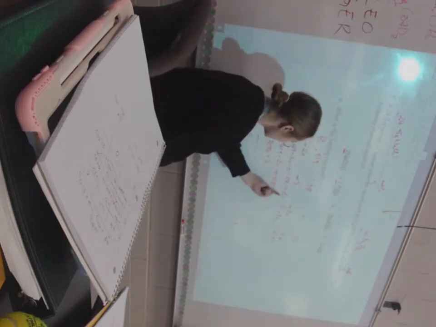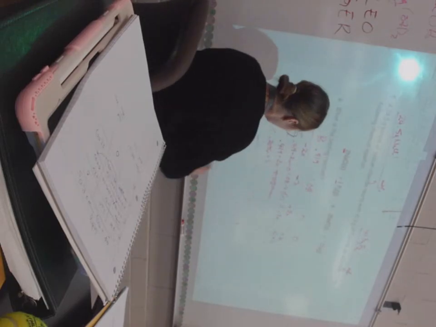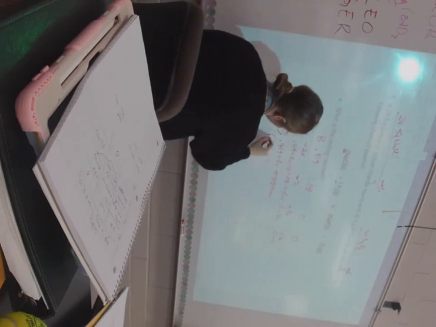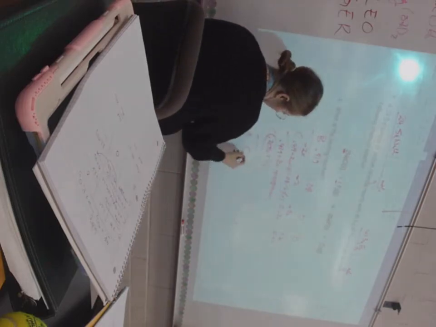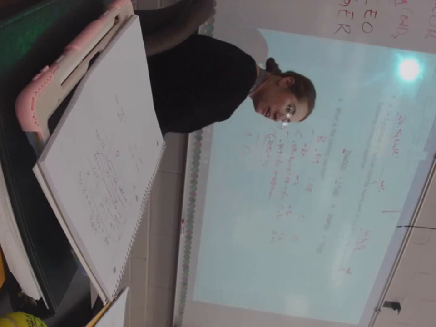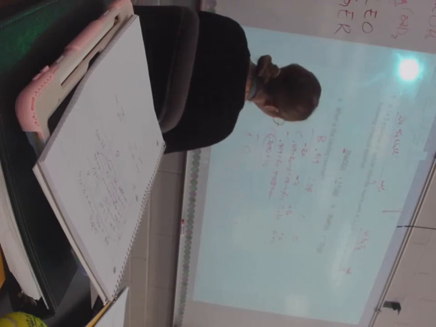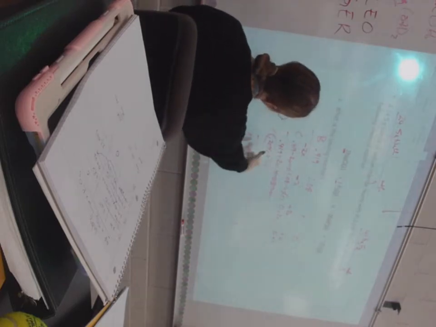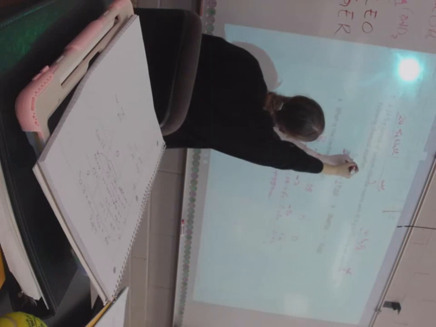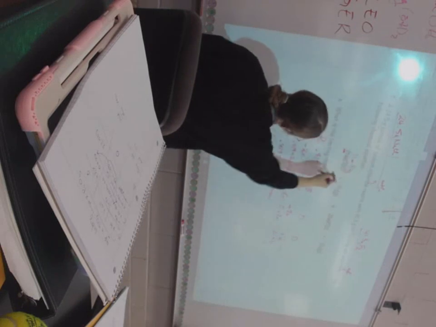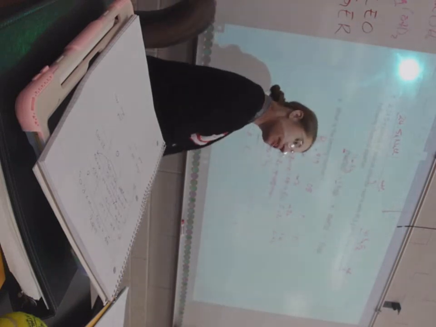Bigger one, not x, that does not equal 0. Smaller one, that is x, and it does equal 0. Okay. The smaller x always has the one that equals 0, and that makes it the limiting. This one's the excess. Okay.